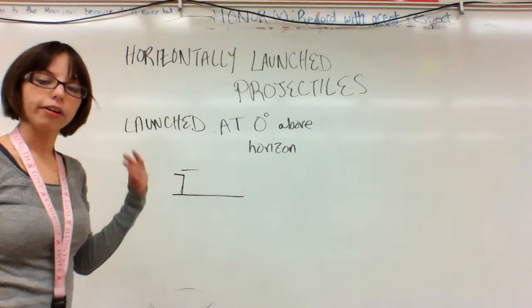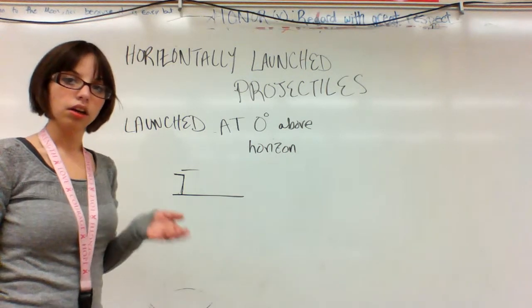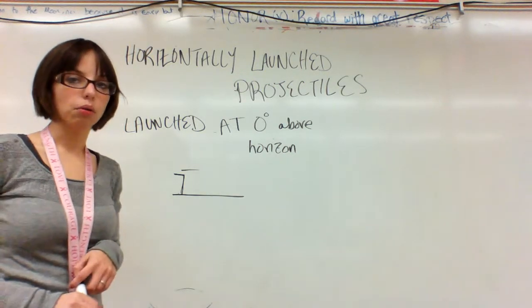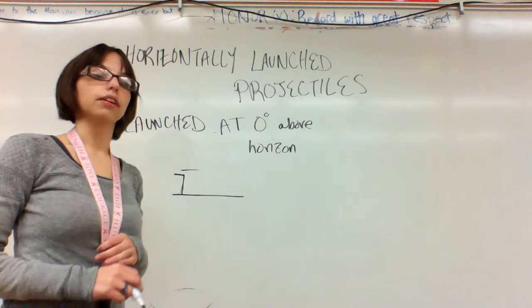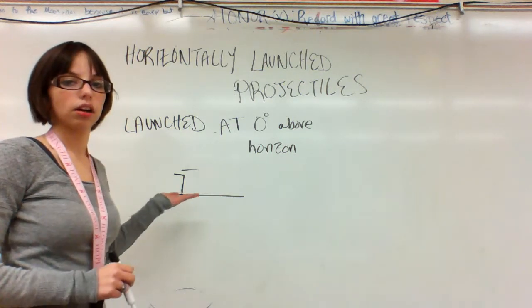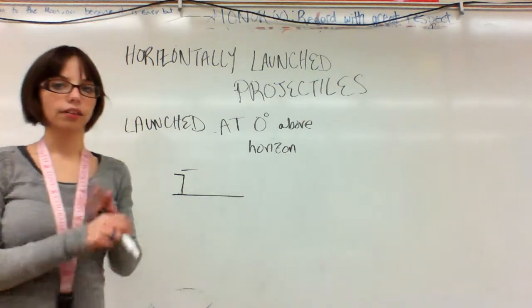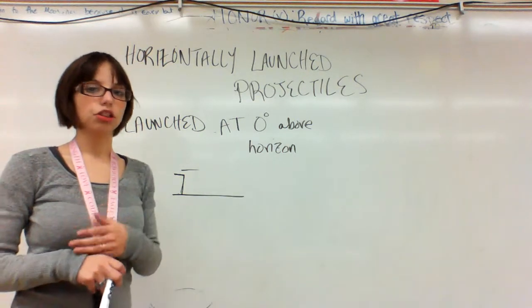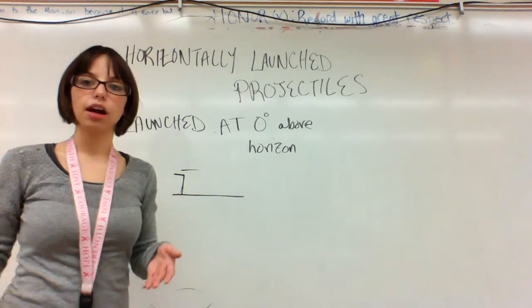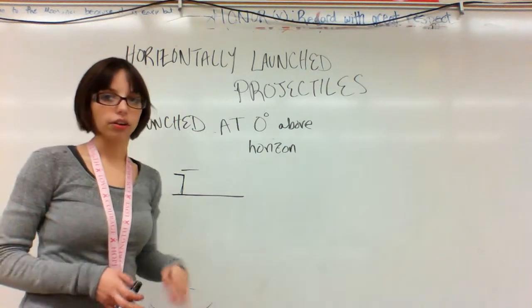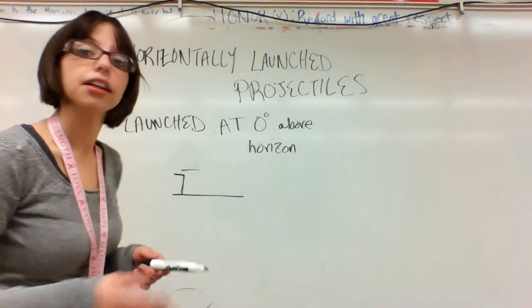In theory, if I turned off gravity, we know projectiles have no horizontal acceleration. Their velocity stays the same. If I launch it horizontally, whatever velocity I launched at, it would travel horizontally at that velocity forever and ever. But we know that's not true here on Earth because we can't turn off gravity. It changes velocity vertically. So we're going to see how we find that.